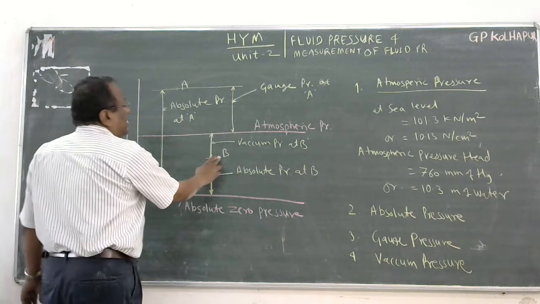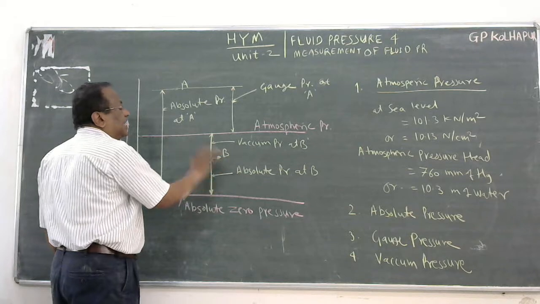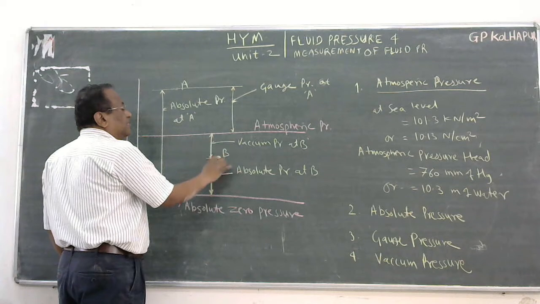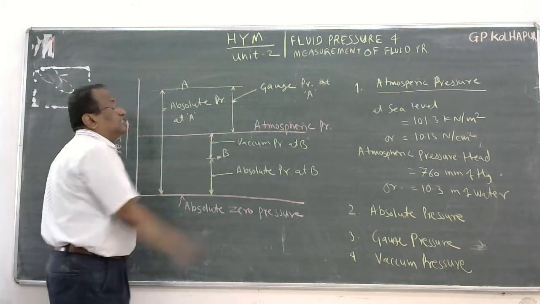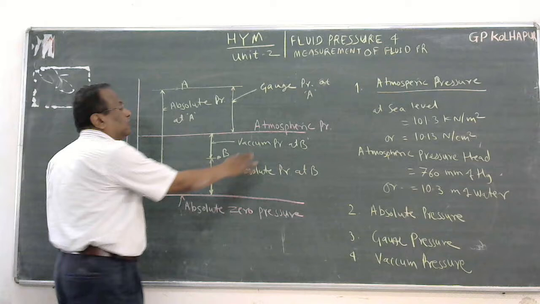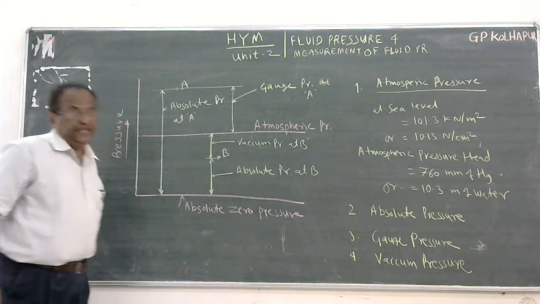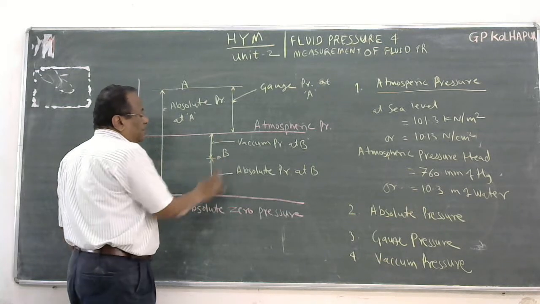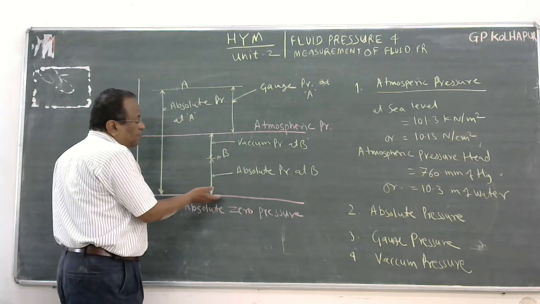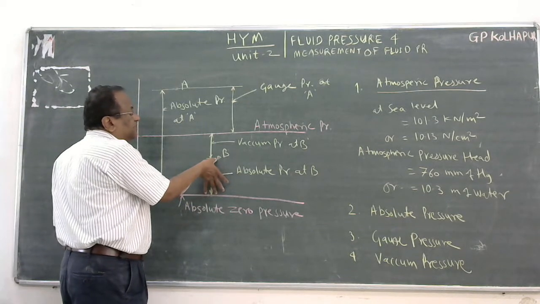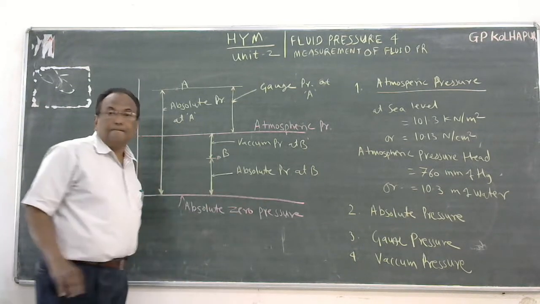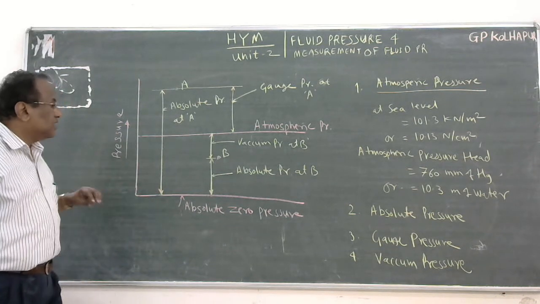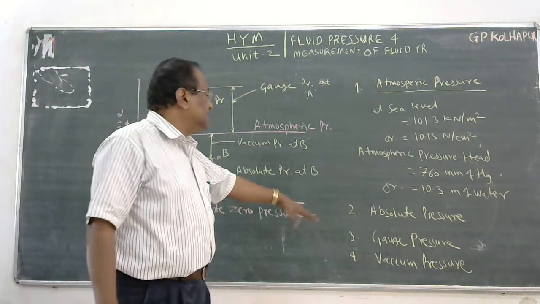Let us consider a point B, which has pressure less than atmospheric pressure. If you measure the pressure at this point from atmospheric pressure, that is below atmospheric pressure, this pressure is known as vacuum pressure, or negative pressure, at B. And if you measure the pressure at point B from the datum line of absolute zero, this pressure is known as absolute pressure at B. So these are the relations between absolute pressure, gauge pressure, and vacuum pressure.